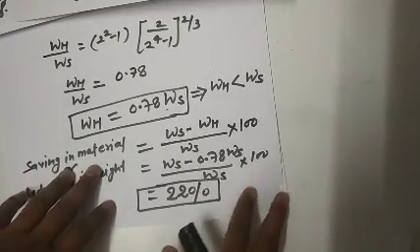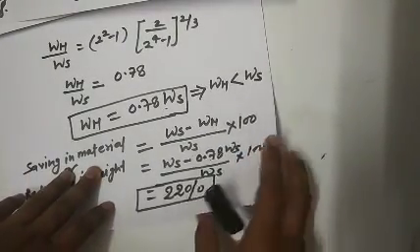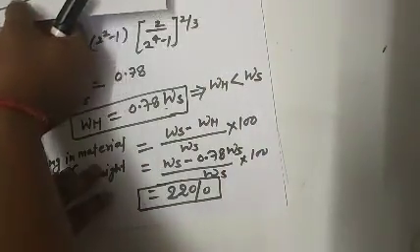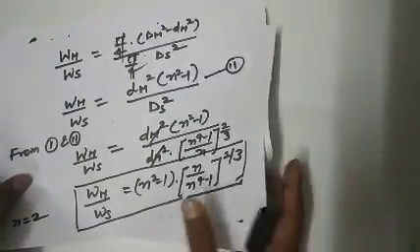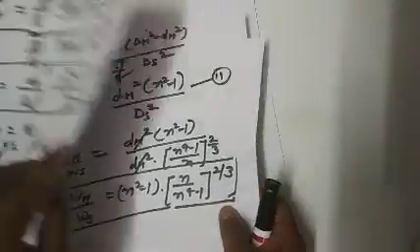Clear? So this is the comparison of hollow shaft with solid shaft. Why are we comparing it? Because we try to use hollow shaft in place of solid shaft. It is always beneficial, because for the given condition, by strength, hollow shaft has much more strength in comparison to solid one, and there is also saving in material.